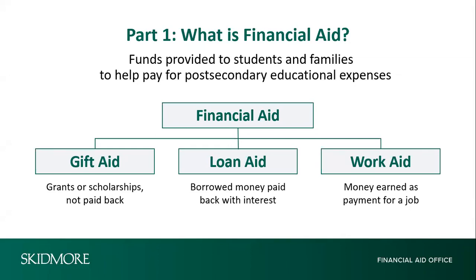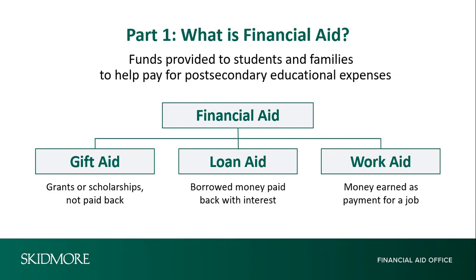It can be gift aid, it can be loan aid, or it can be work aid. Gift aid is probably what most people think about when they hear the term financial aid. It's grants and scholarships. It's money given to the student to help them pay for their higher education expenses. It's money that's not repaid, and it's the best kind of financial aid that a student can receive.